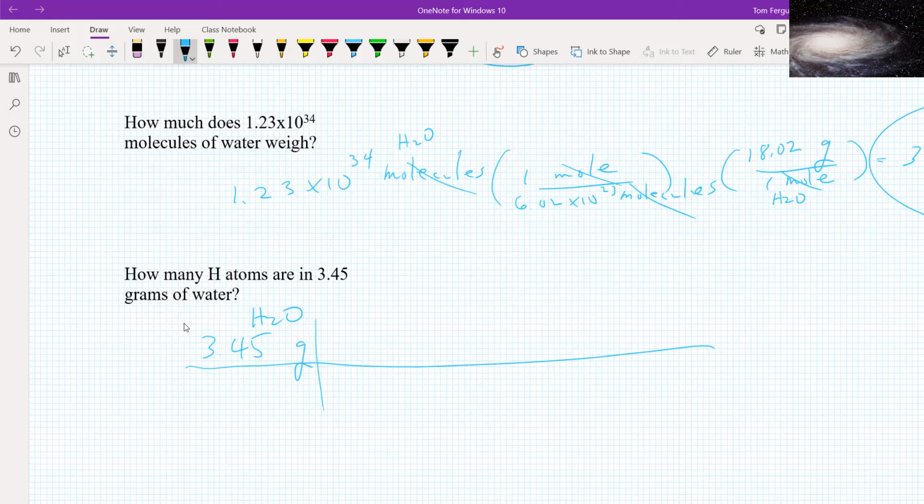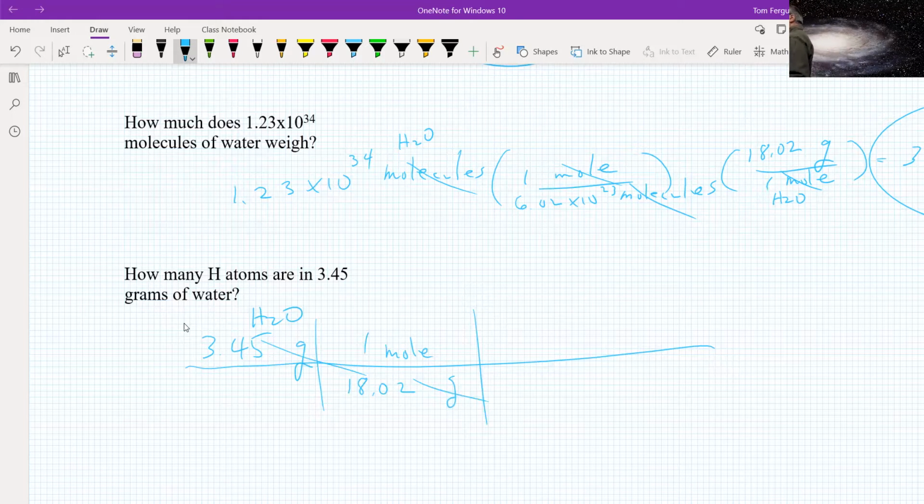Remember, if in doubt, convert to moles. Mole is your hub for everything. So you're going to go from whatever to the hub, whatever to moles, then from moles to whatever the answer is. So think moles. You go from grams to moles, so grams needs to be on the bottom, moles on top. And water is 18.02. So that gives us moles of water.